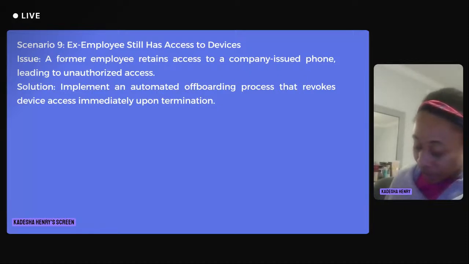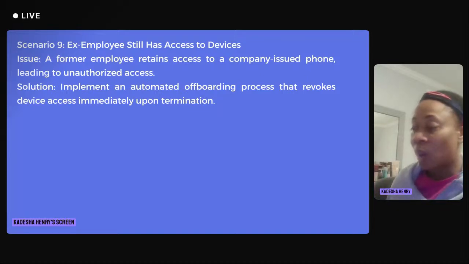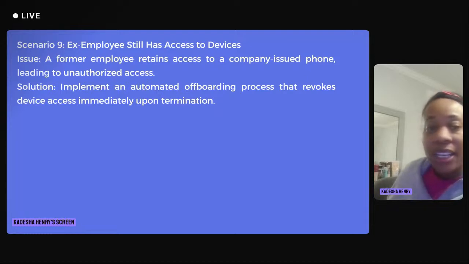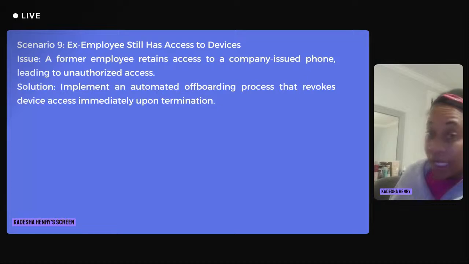Because we don't want them to still have access to our devices and our data when they're not employed there anymore. Many times organizations allow this to be bypassed.